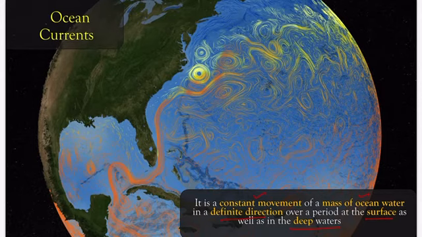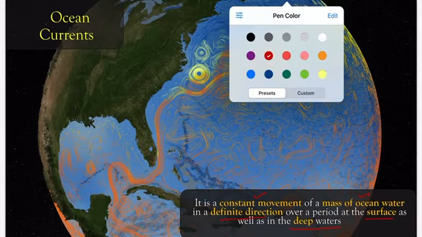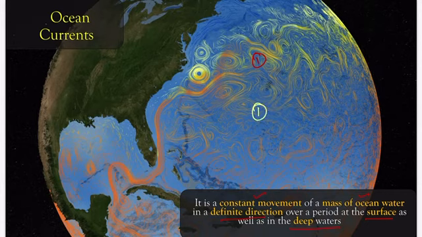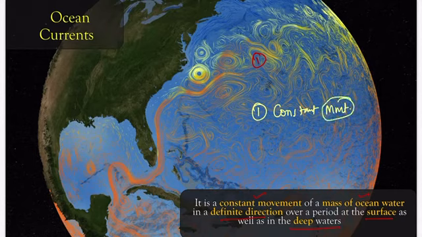I'll write it once again. The first one is constant movement. The movement of the water should be the basic criterion of an ocean current.